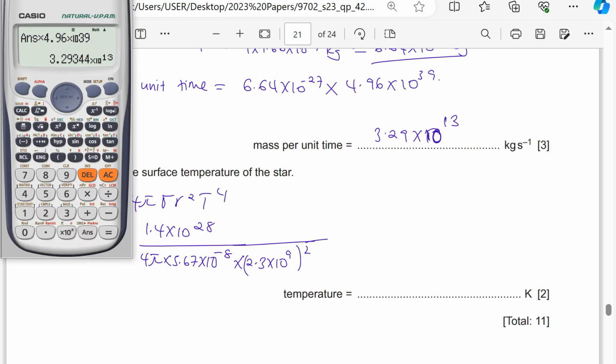So let me first simplify this. 4 pi times 5.67 exponent minus 8 times 2.3 exponent 9, but this is squared. So I'll have 1.4 exponent 28 divided by the answer. Then I have to get the fourth root. Let me check the fourth root.